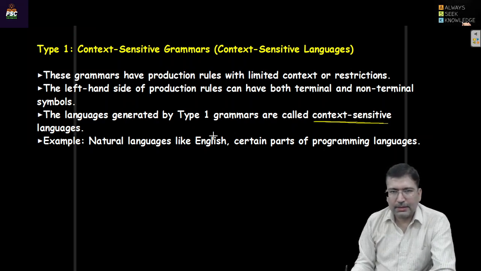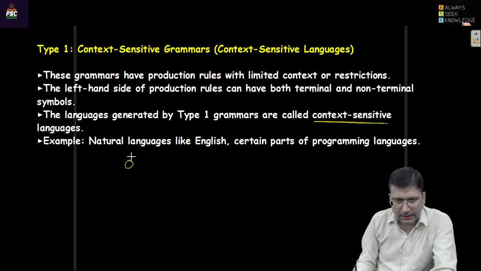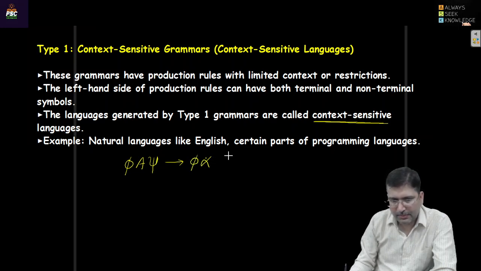In context sensitive grammar, there are some specific types of production rules. Like if I consider a production rule that derives phi, let's say here I am taking alpha and here I am taking psi.